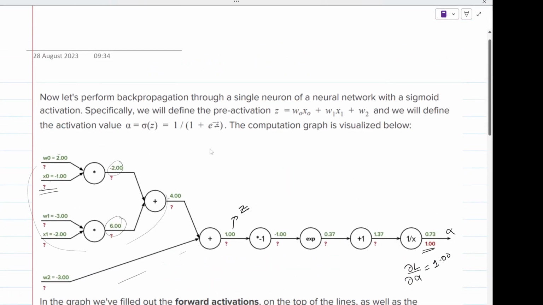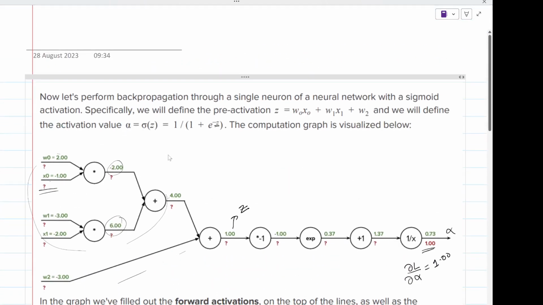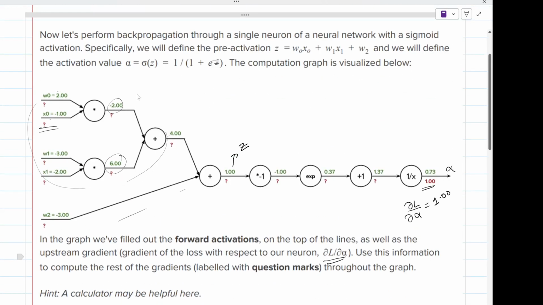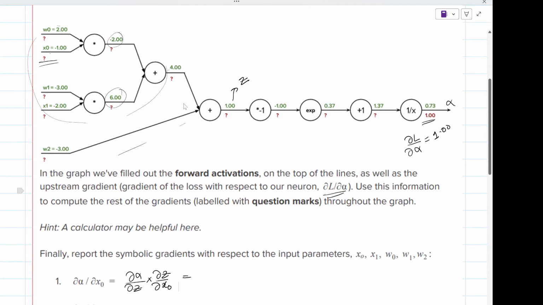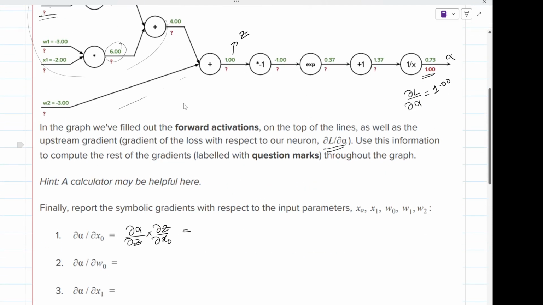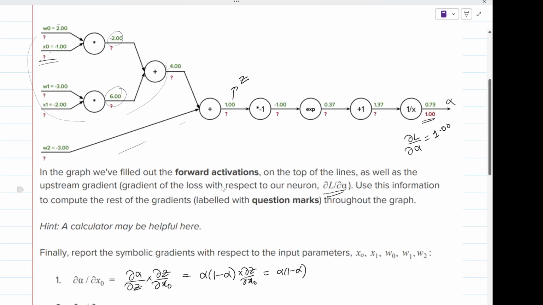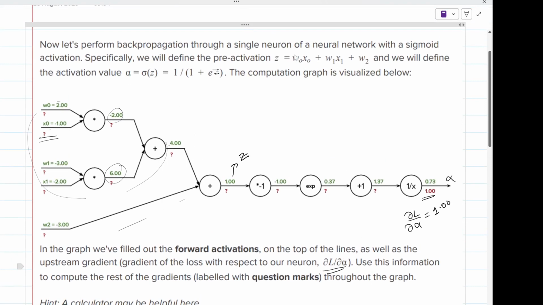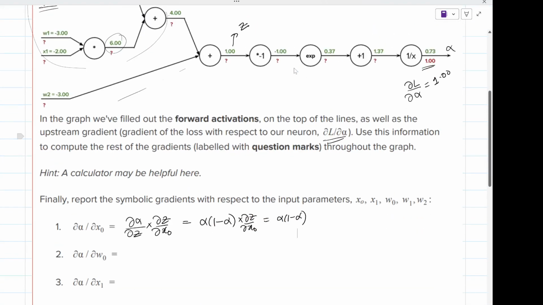Alpha is a function of z, so del alpha by del z is something that we know, that is alpha into 1 minus alpha, because it is the sigmoid function, into del z by del x naught. Now del z by del x naught is what? Z is this, so del z by del x naught is w naught.